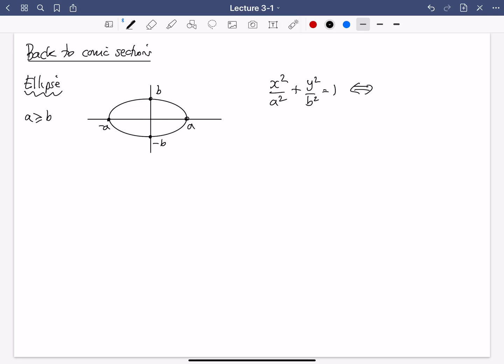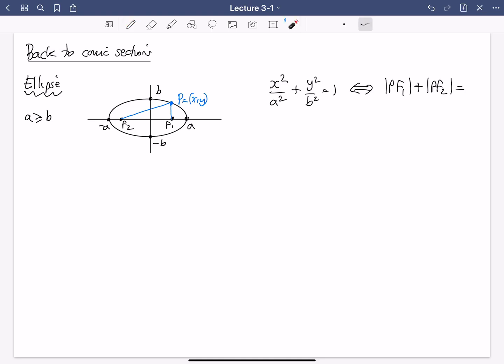We talked about the good old Euclidean geometry formulation, which was this equation. So here you needed two foci. So there was focus F1 and focus F2, and then the ellipse was all these points P equals (x, y) such that the distance from P to F1 plus the distance from P to F2 was a constant.